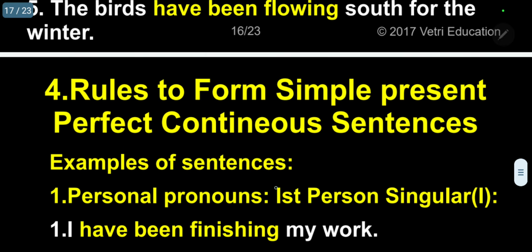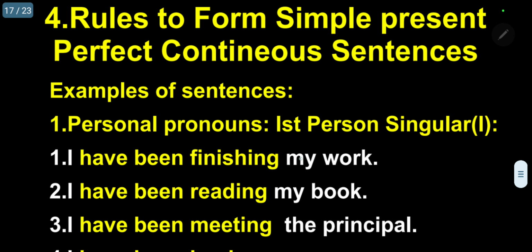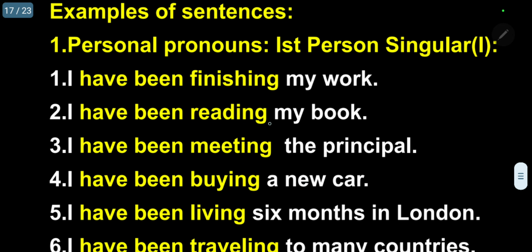Now we will see the personal pronoun, that is first person, second person and third person, singular and plural, with examples. The first example, first person singular, I. So I am using I, singular.